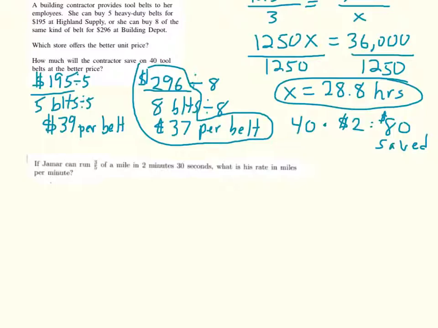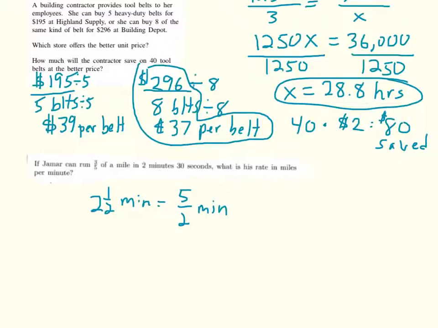Okay, the last problem in the lesson is: if Jan Mark can run 3/5 of a mile in 2 minutes and 30 seconds, what is his rate in miles per minute? So we're going to have to take that 2 minutes and 30 seconds and make that into minutes. So that's 2.5 minutes, which we'll call 5/2 minutes.